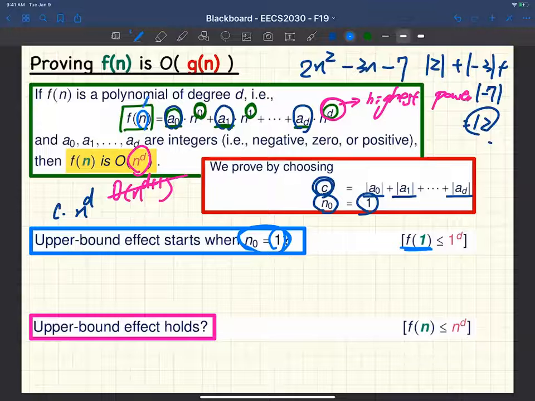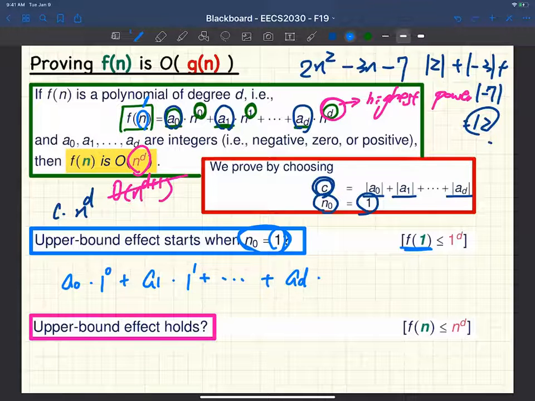What's going to happen if we substitute n by 1? It's going to be A0 multiply 1 to the 0 plus A1 multiply 1 to the 1 all the way to, and then we also got AD multiplied by 1 to the D.